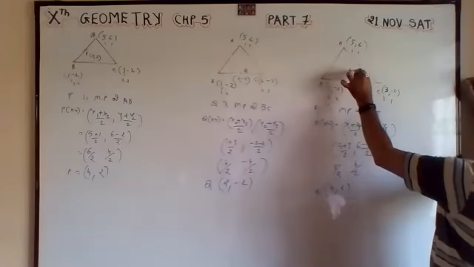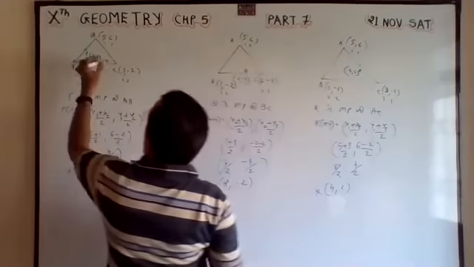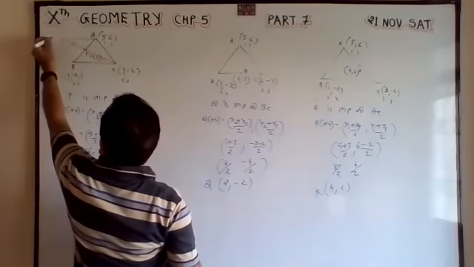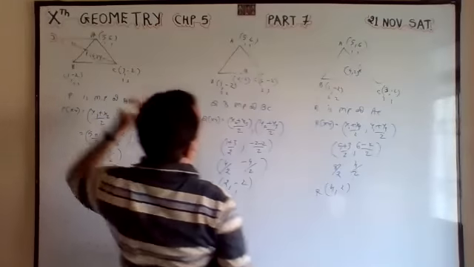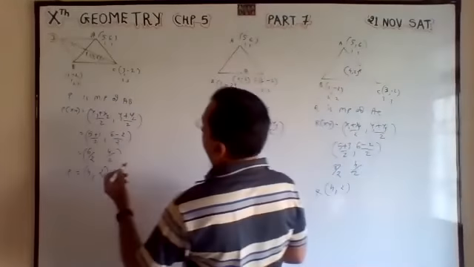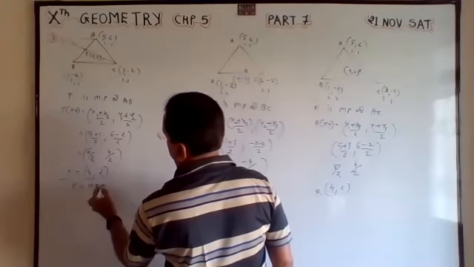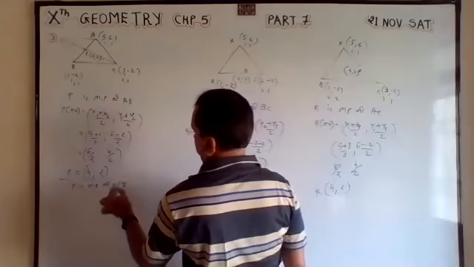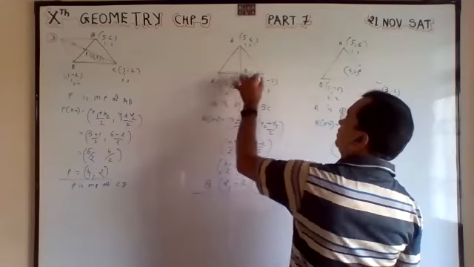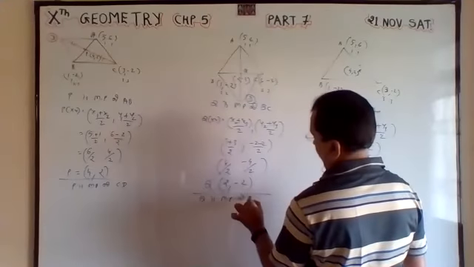Okay, now TC, that much we have to extend. So we will get this D point. Okay. Now we will write P is midpoint of CD. Q is midpoint of AD, sorry.